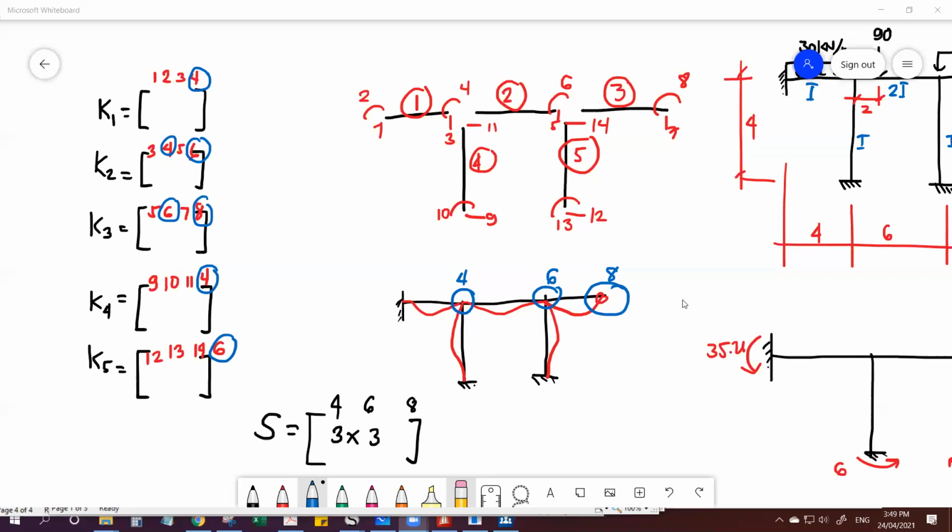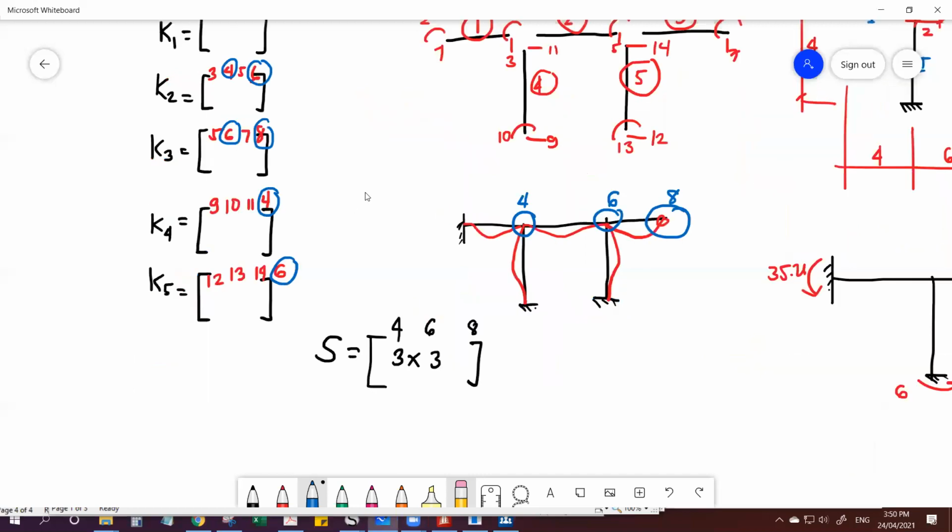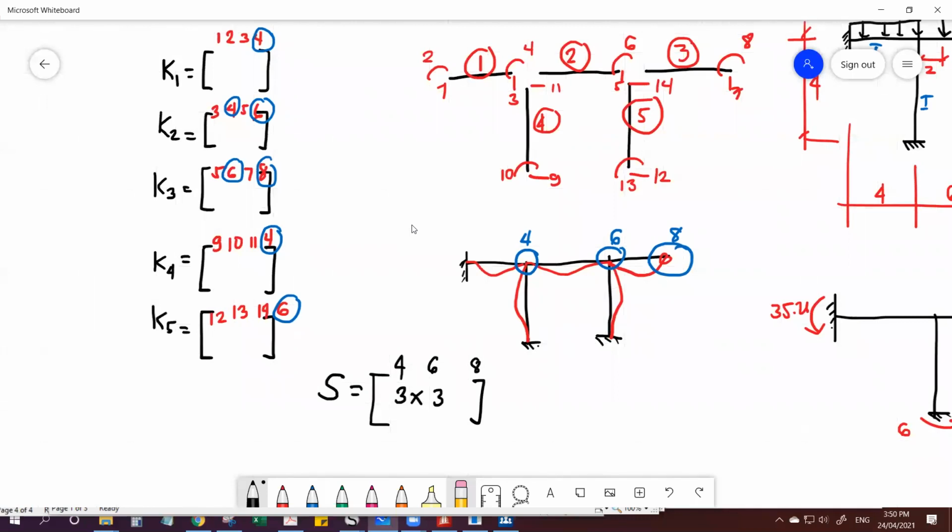Okay, so let's now proceed with our BU and BB matrix. I guess you can now realize the importance of these parameters.